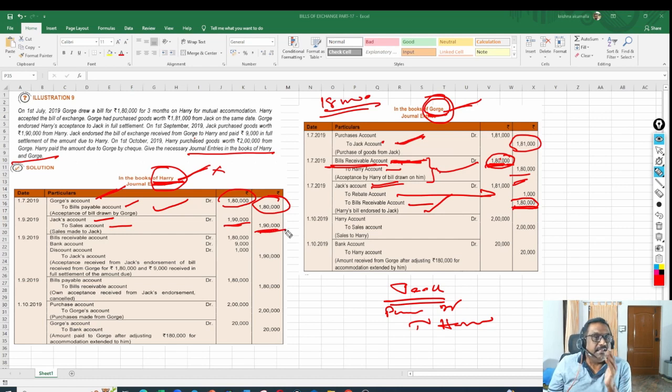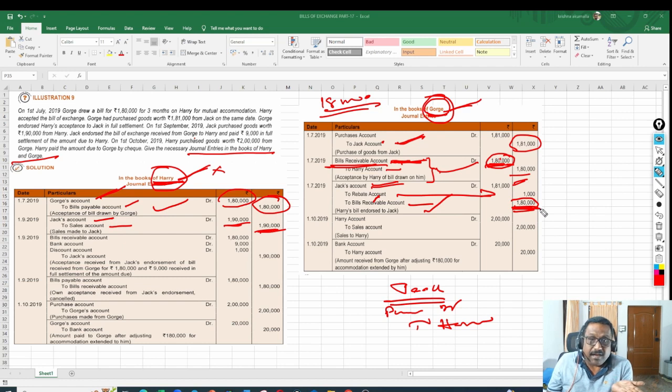That is done. Then what happened? Jack endorsed the bill of exchange received from George to Harry. See what happened? This 1,80,000 rupees, George endorsed to Jack. This 1,80,000 rupees bill, who has written it? George wrote it. On whom?